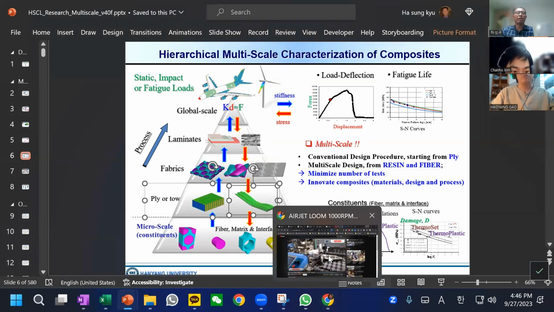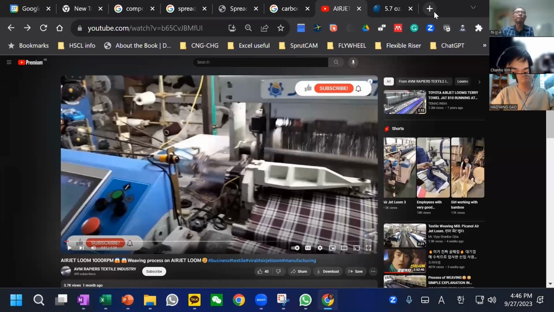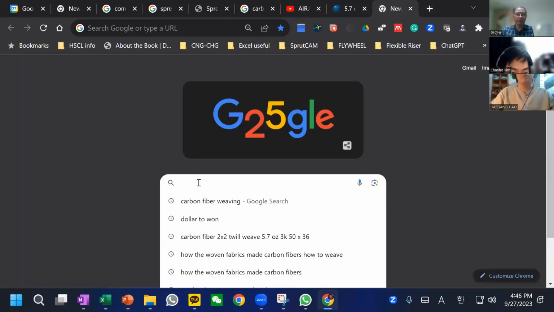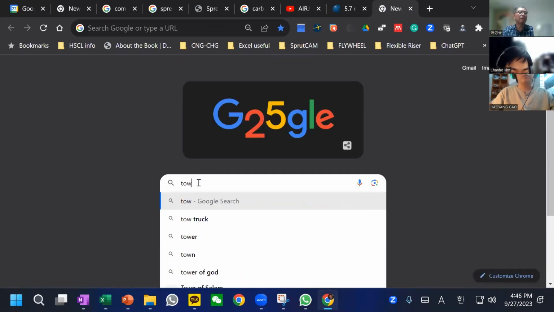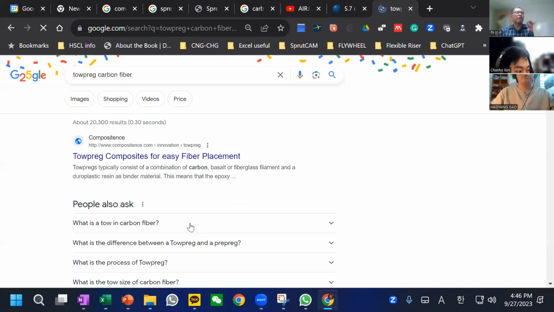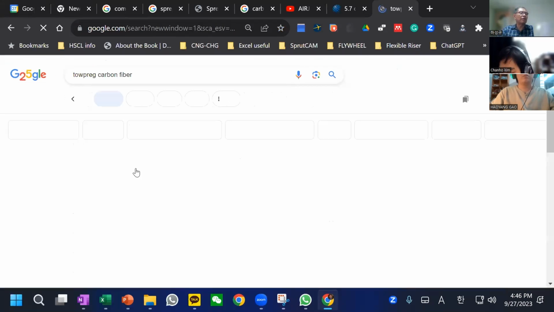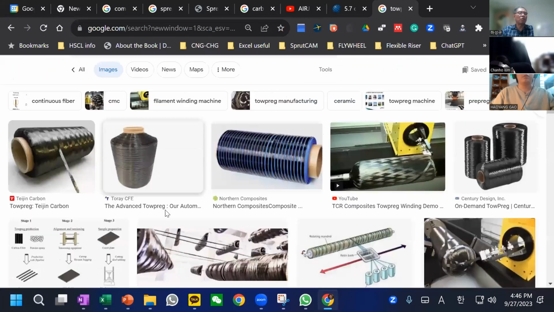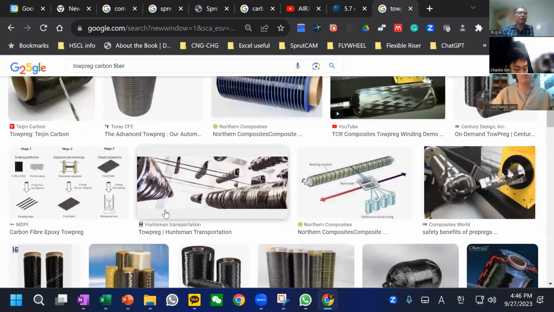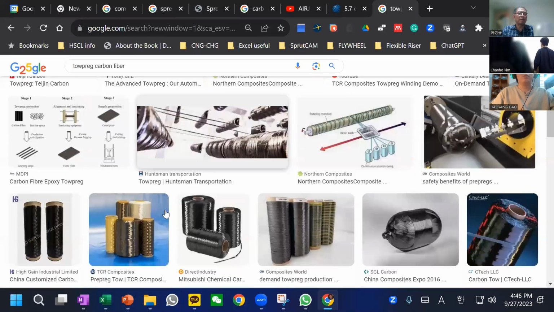Okay, we can find the back to here, and the toe preg, carbon fiber. Okay, we like to focus on one toe and one toe preg, not like the whole pre-preg.